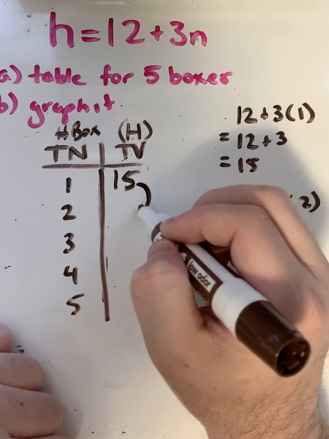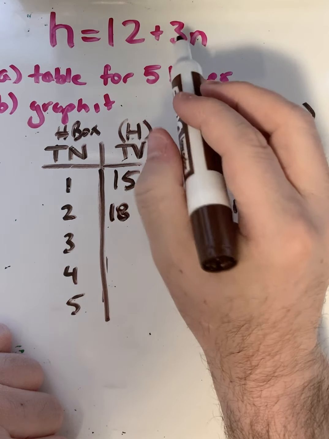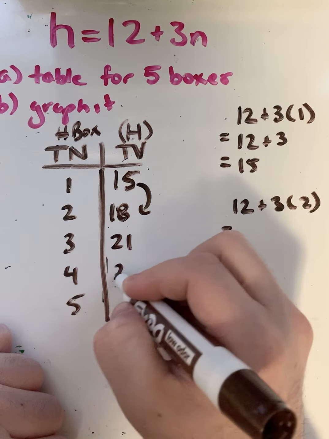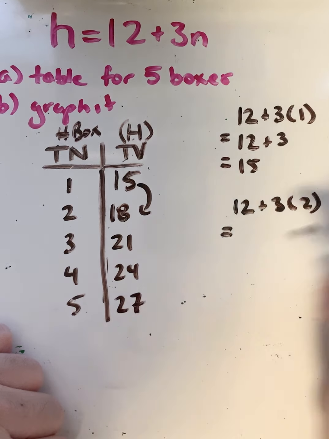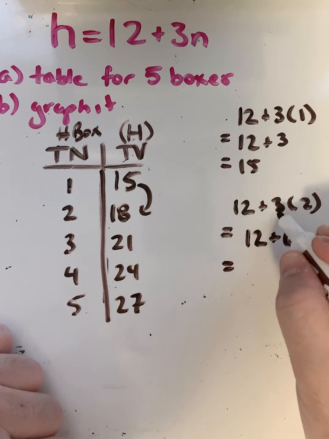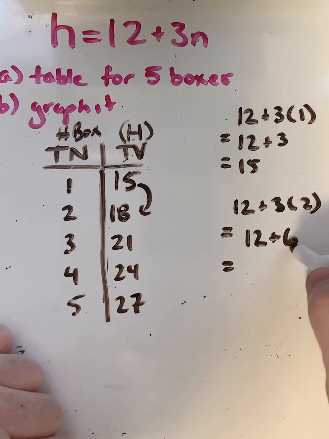So I already know the answer is going to be 18 here, because I look back and see what the variable is going up by. It's going up by 3. So I can already fill this out, but just to be safe, I'm going to quickly do the math. 12 plus 3 times 2 is 12 plus 6, 18, right.